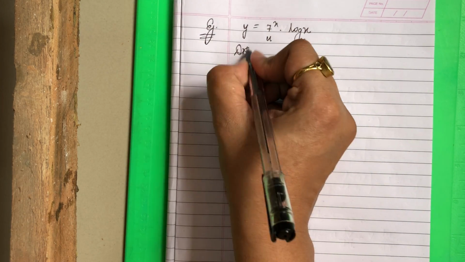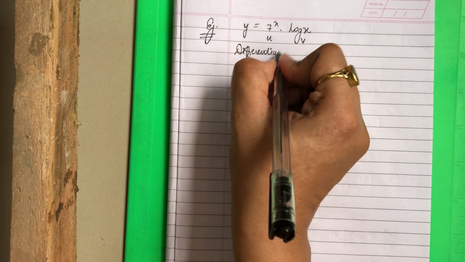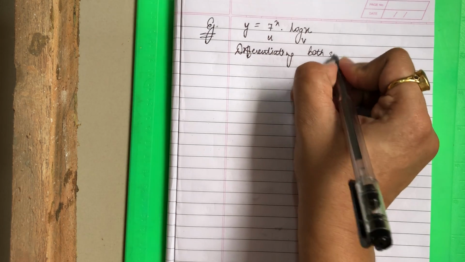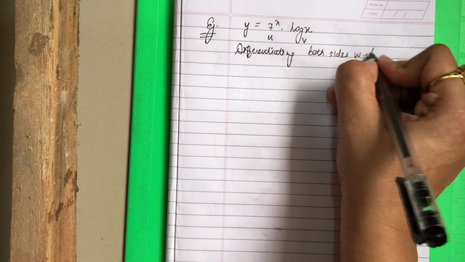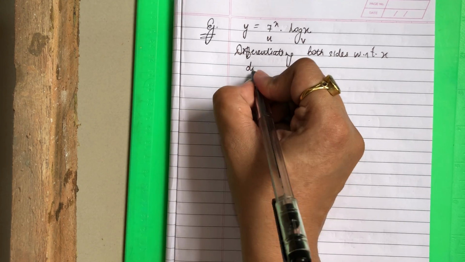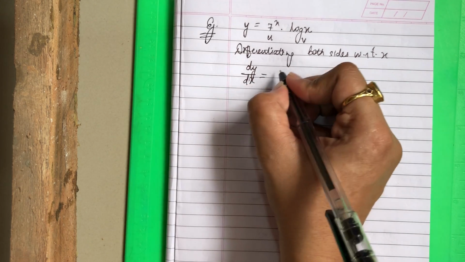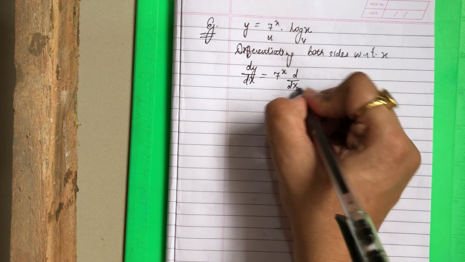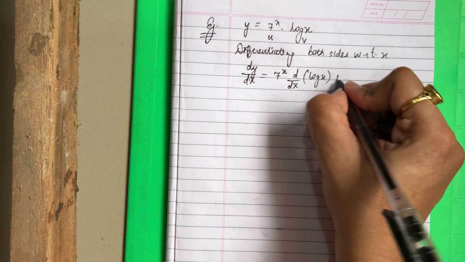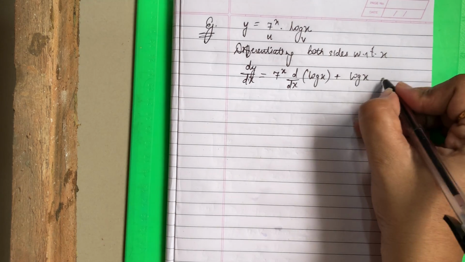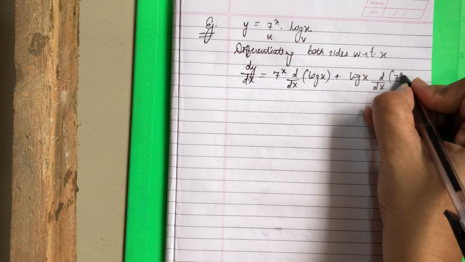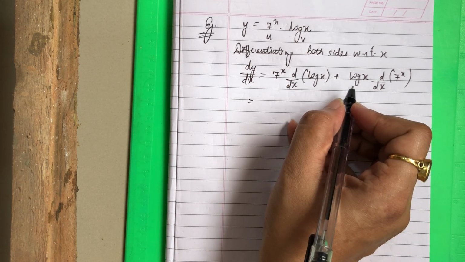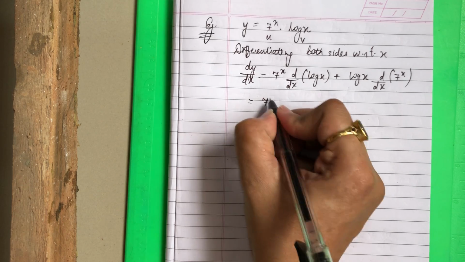So differentiating both sides with respect to x, this will give you dy by dx is equal to the value of u, that is 7 raised to the power x, d by dx of log x plus log x d by dx of 7 raised to the power x. We substituted the values of u and v in the formula, 7 raised to the power x.